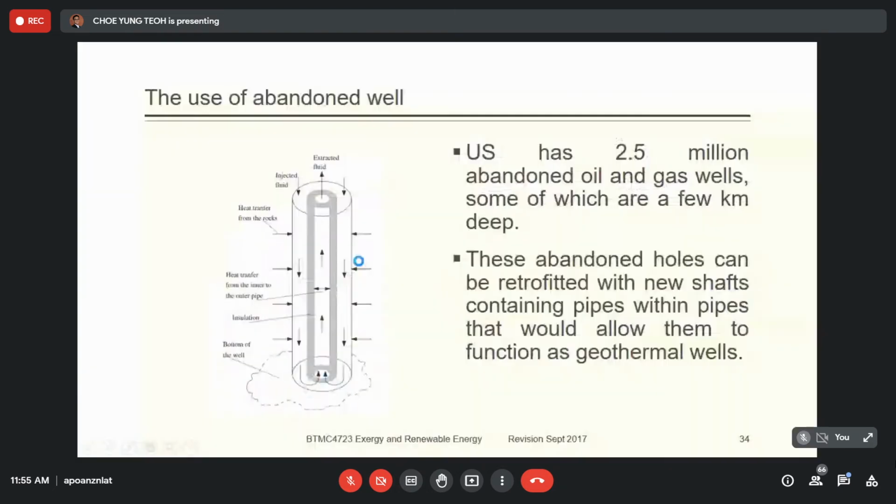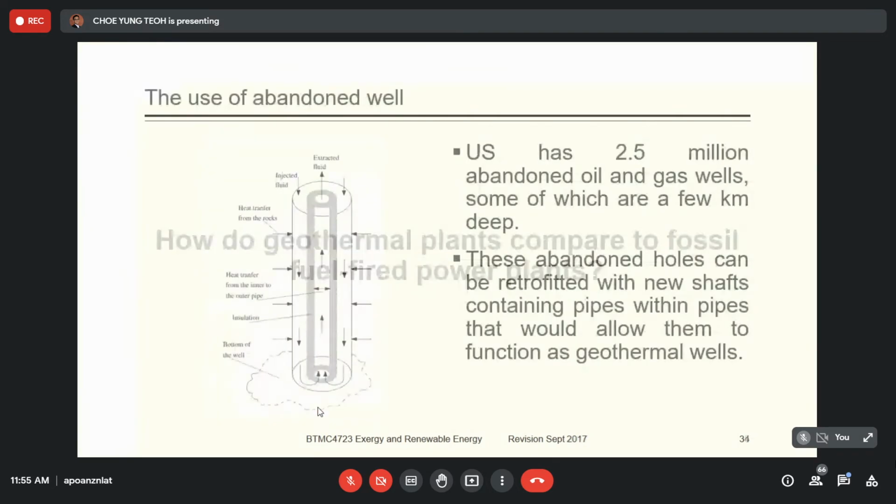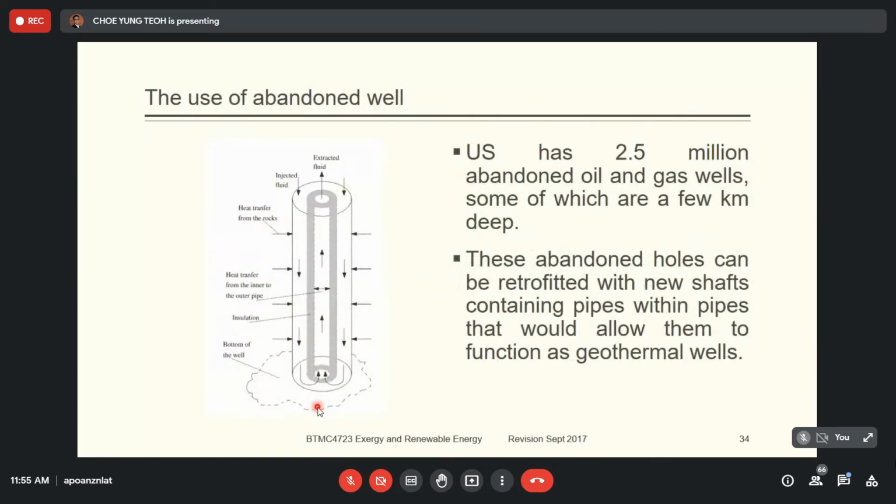The idea is there, but I think no one has actually used this before. The idea is to use the abandoned wells, but because of the cost, it's not really implemented. We still have better resources out there in terms of wind and solar. Why do we need to go and retrofit this kind of well? Okay, but the idea is possible.